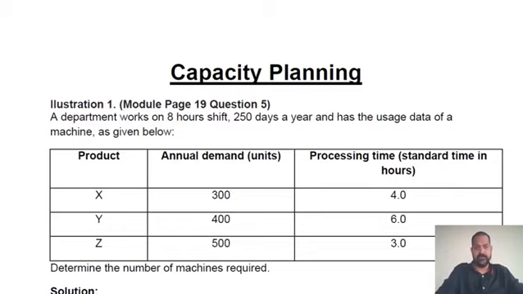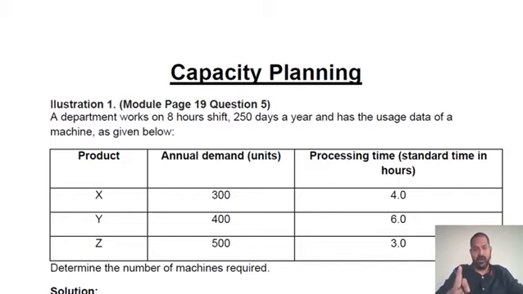The first question, in your module it is page 19, question number 5, says that the department works an 8-hour shift for 250 days a year and has the usage data of a machine as given below.